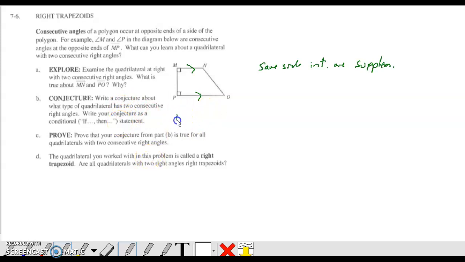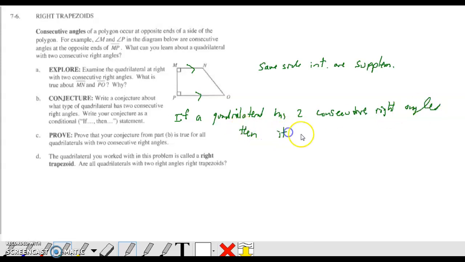So we can say, if a quadrilateral has two consecutive right angles, then it is a trapezoid. So just an idea.